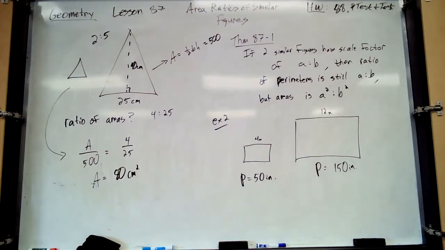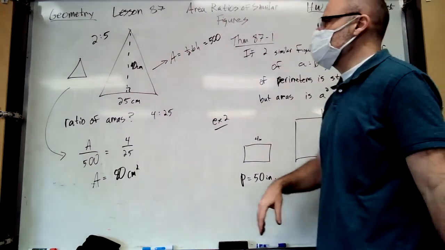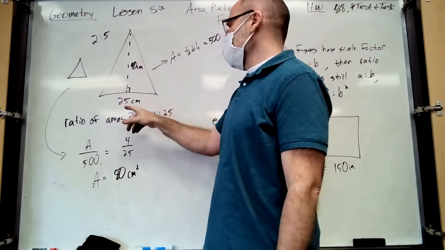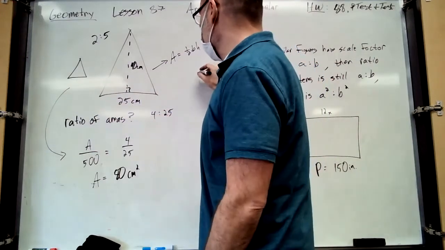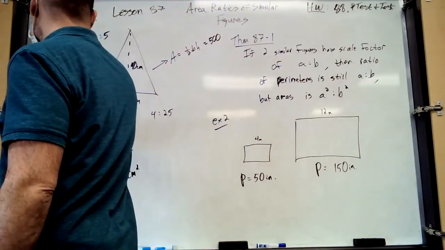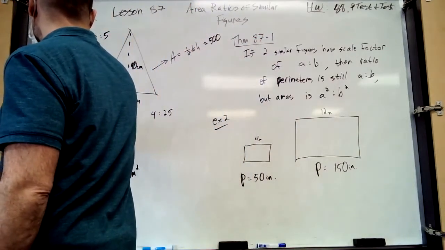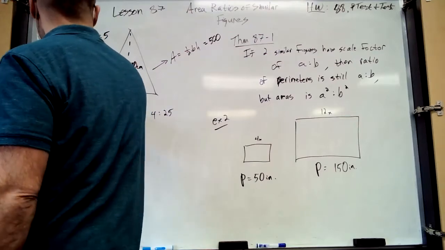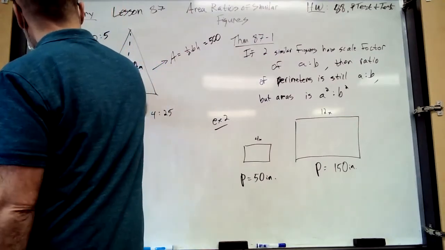All right, there are multiple ways to do this. If this is a 2 to 5 ratio, then you could figure out the base here. B is to 25 as 2 is to 5, so that would be 10. Then you can figure out the height.